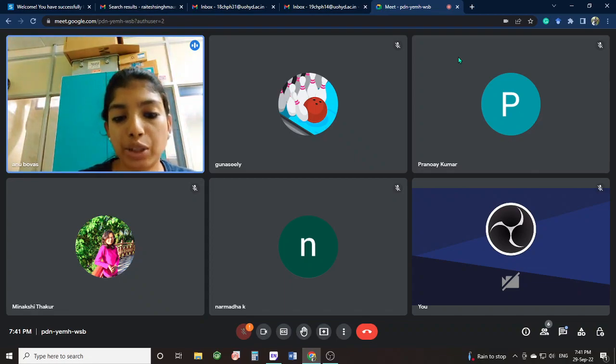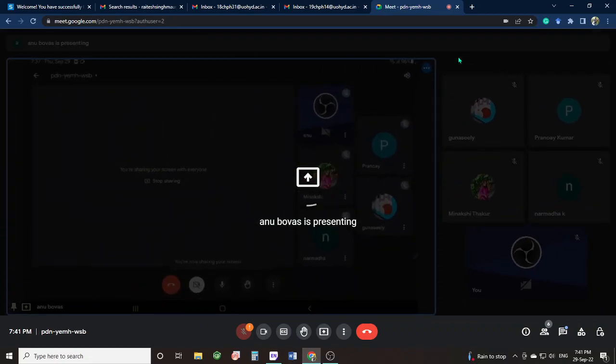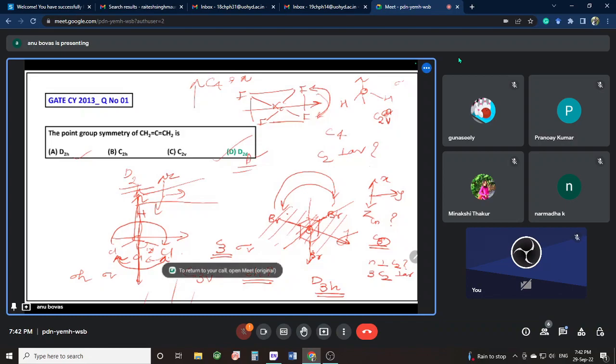If you have a C2 axis like that, then the first letter will be D, and the principal axis here is C4, so it becomes D4. Perpendicular to the principal axis we have a sigma plane, so sigma h is present and the point group will be D4h. So I think this is clear. If you have any doubt, you can ask me, or else we can move on to the next question.